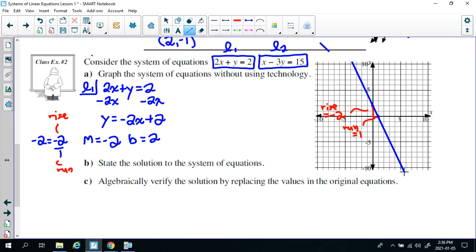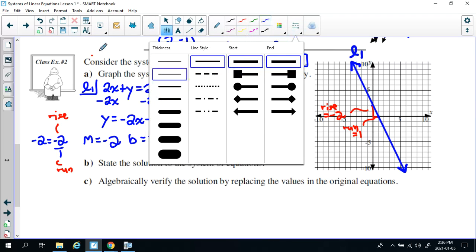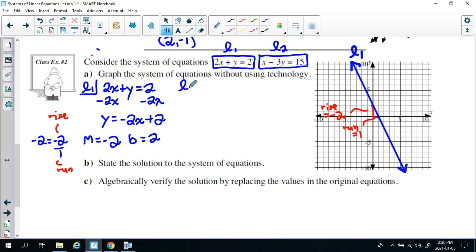How's that? Passable. Okay. Okay, let's draw the arrows at the end. Okay, arrow at the end here, arrow at the end there, and that's going to represent line number 1. Okay, now let's draw line number 2.